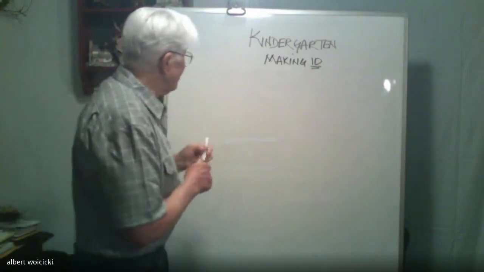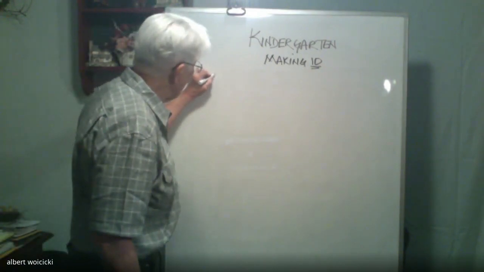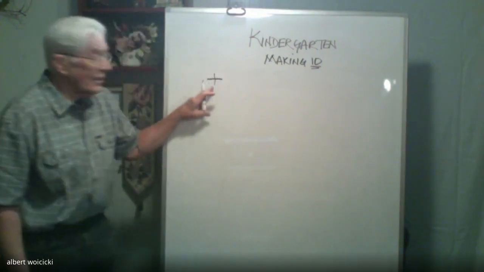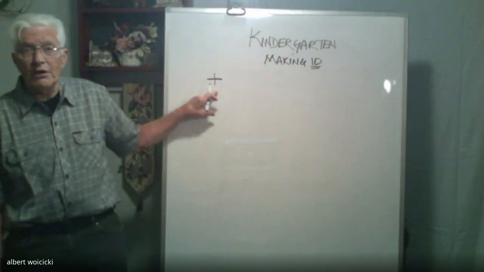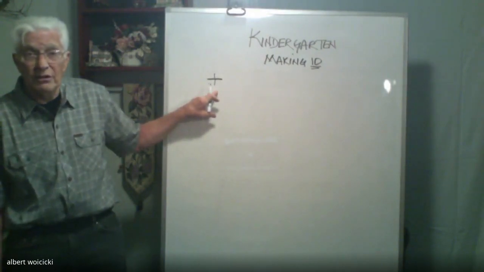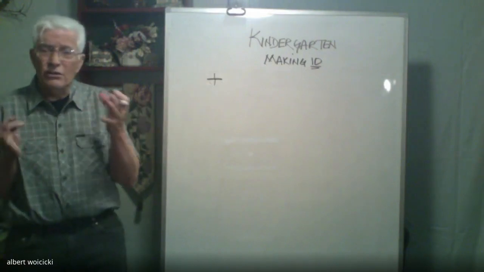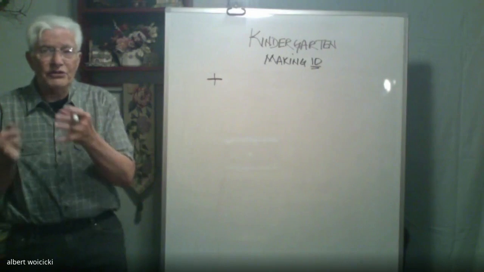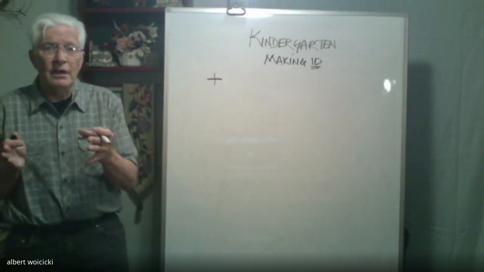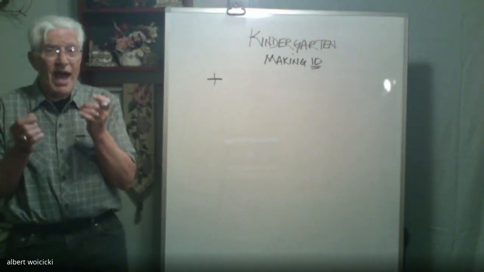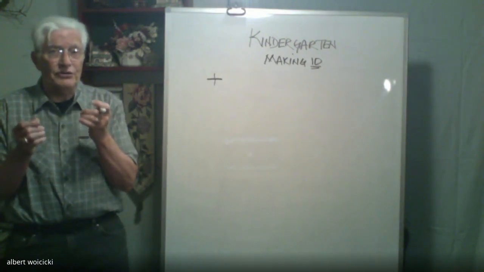So we're going to be talking about not only making 10, but we're going to be using this sign. So here's the symbol we're going to be talking about. Symbol plus. But you teach this all the time. You're talking about symbols all the time. And I want you to really remember that math has only 3 levels.